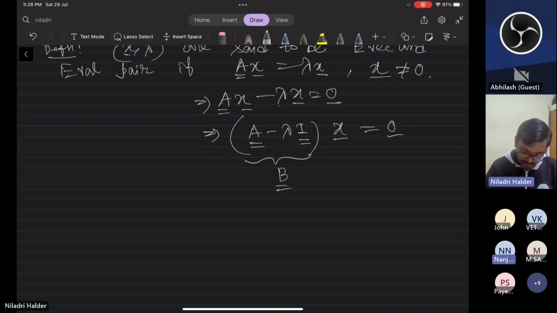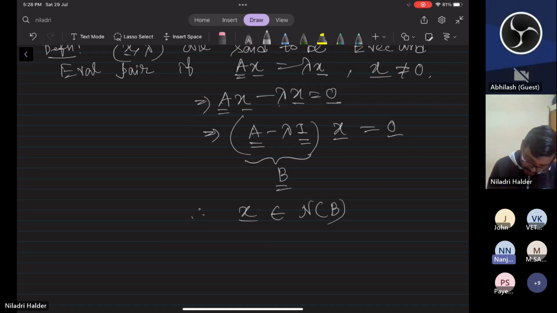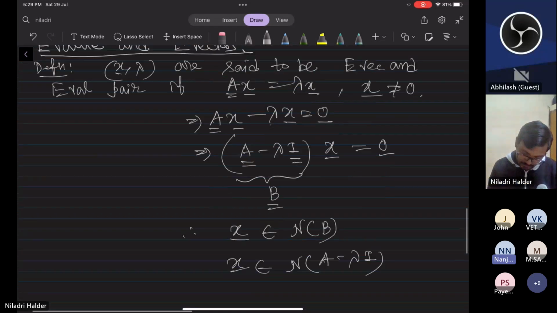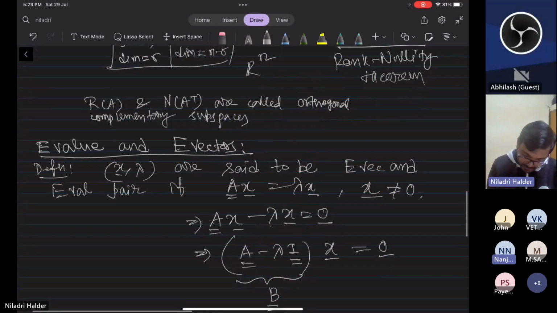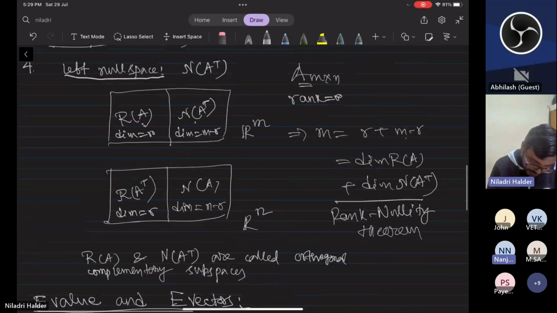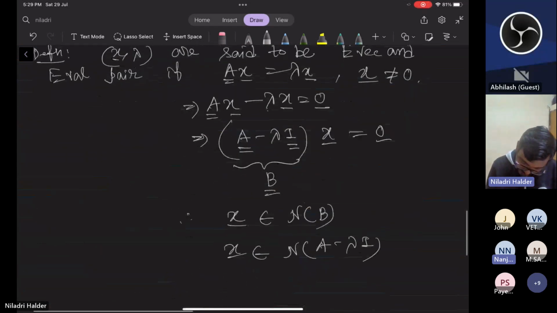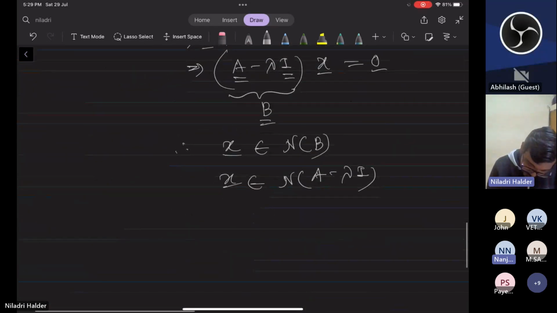Then Bx equals 0, so we can say x belongs to the null space of B. That means x belongs to the null space of A minus lambda I.